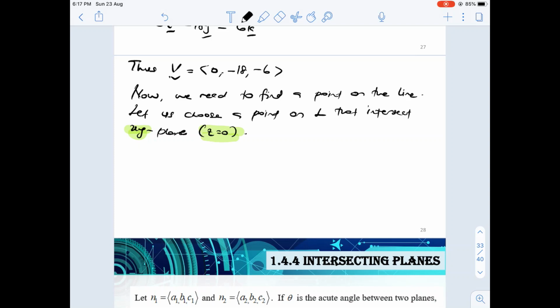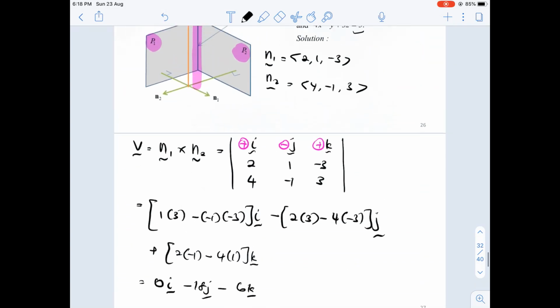Now if we substitute z equals 0 into the equations of both planes, we will get, where is the equation?